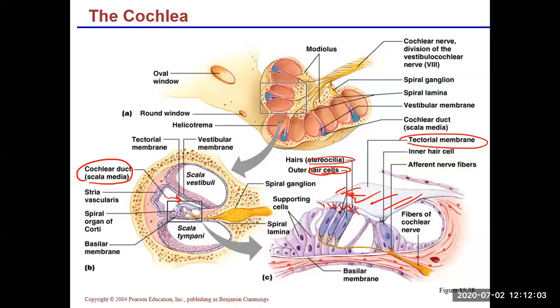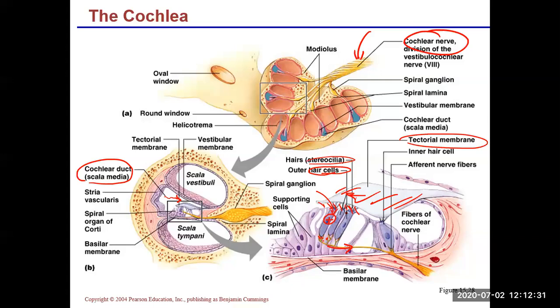Movement of these hair cells is going to cause ions to move in and cause the depolarization, which later on is going to release the neurotransmitter glutamate, which later on is going to communicate with the cochlear nerve that we discussed, which happens to be right over here too. All right. So this part is easy.